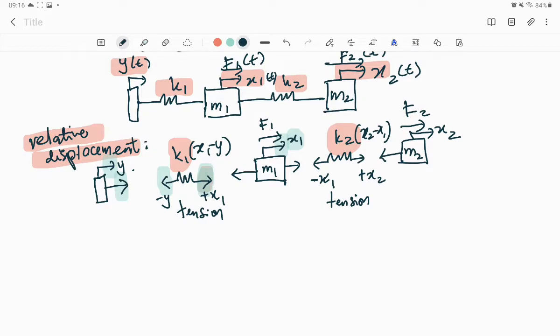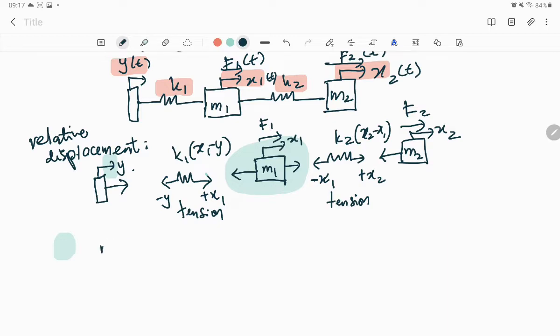Then you can write your EOM. For the EOM, you have to write for your M1 and also M2. For the first one, based on your M1, you have 3 forces, including your F1.